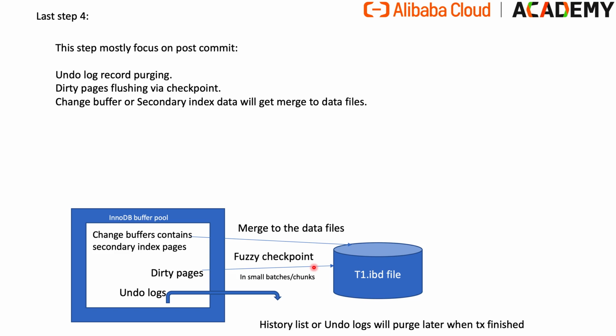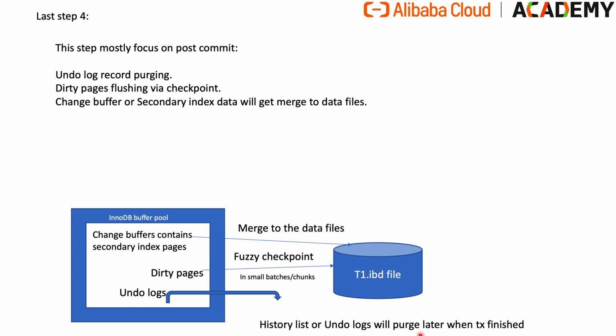Now the last is the undo logs, that is your history list. So a history list or undo logs will be purged when transactions finish. So let's say when rows are modified or deleted, the corresponding undo logs are not physically removed immediately. So let's say you have made the changes, the undo logs will not get deleted or purged as soon as the transaction finishes, but it will take time.